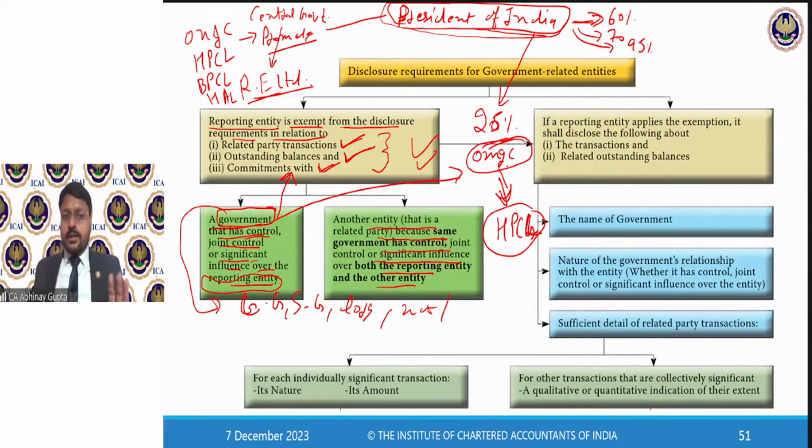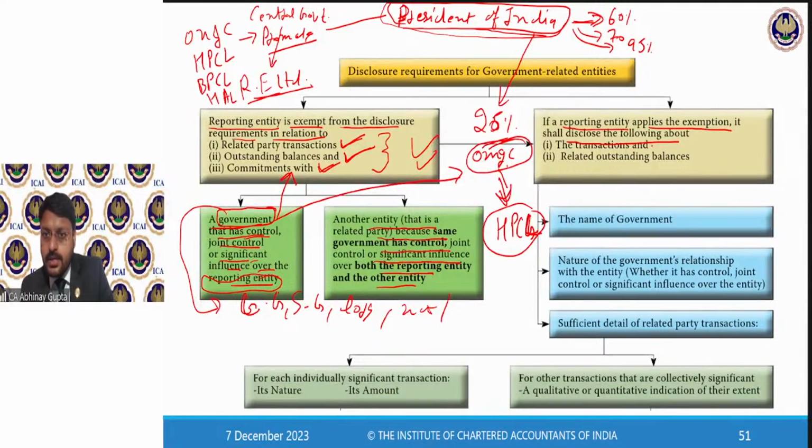Now, this is the relaxation. Now the standard says, okay, if you want to claim this exemption or relaxation for these disclosures, then at least do some disclosure. So the standard says, if a reporting entity applies this exemption, it shall still disclose the following.